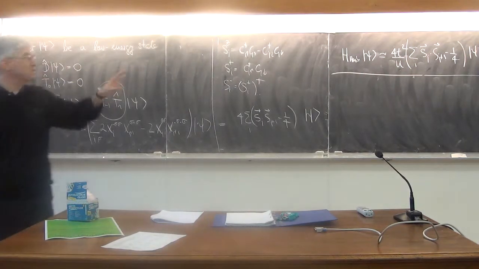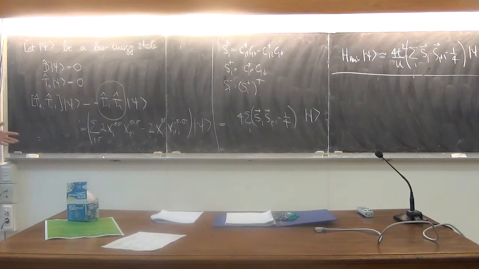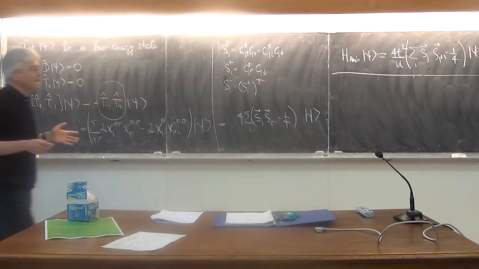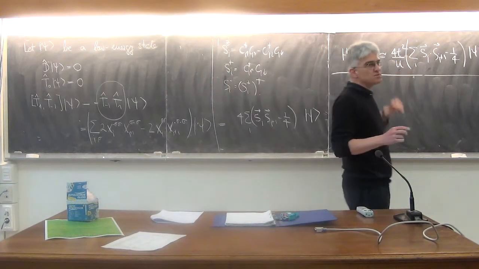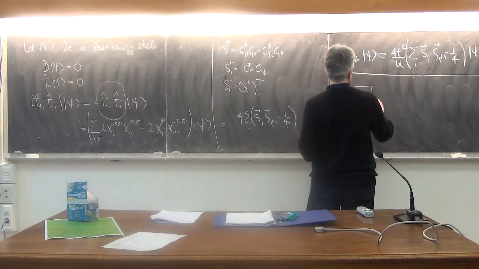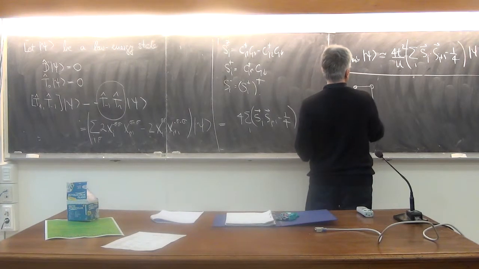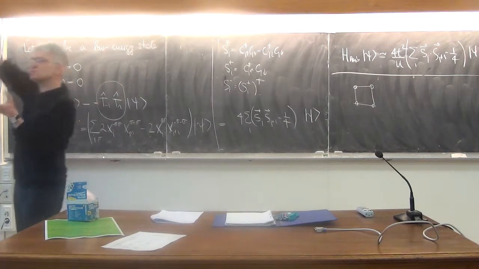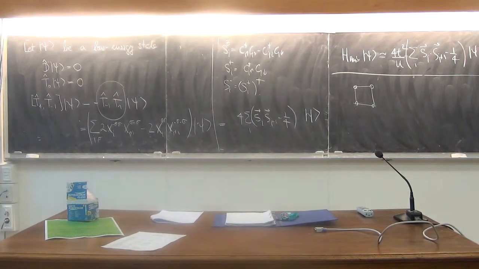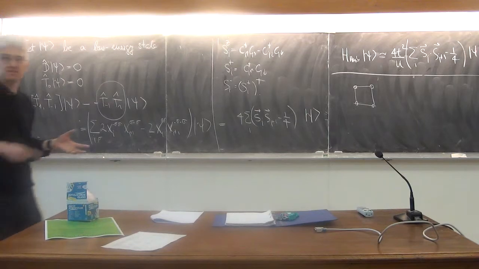So the next one would involve actually 4 spin operators. And if you're on a 2-dimensional lattice or a d-dimensional lattice, it would correspond to ring exchange. So if you have a plaquette, it would involve exchange of spins around a plaquette. And the higher order terms would involve spin exchange around larger and larger loops on your lattice.